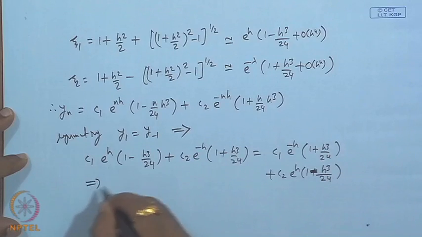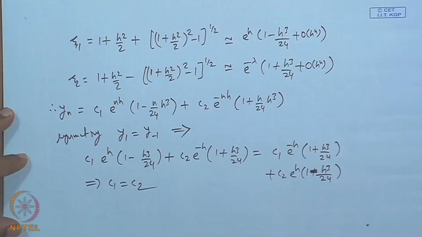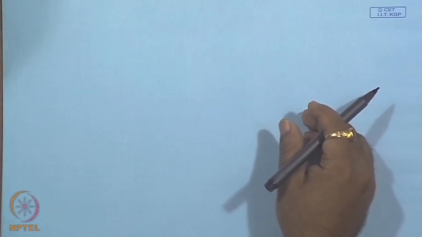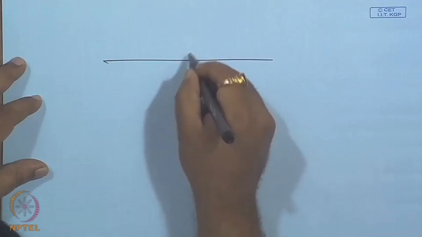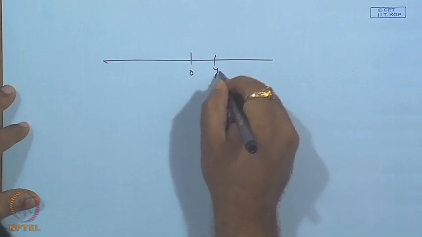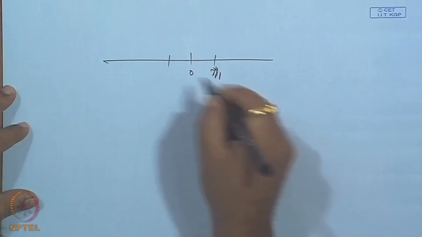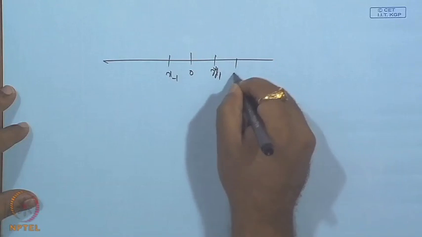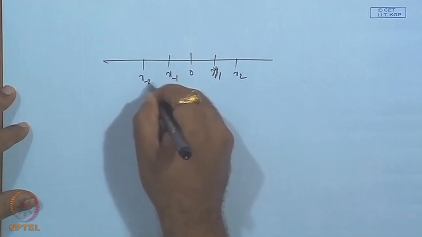So, this implies C 1 equals to C 2. Okay. So, that means when we have symmetry boundary condition, okay, suppose this is 0. So, this is x 1, x minus 1, x 2, x minus 2.